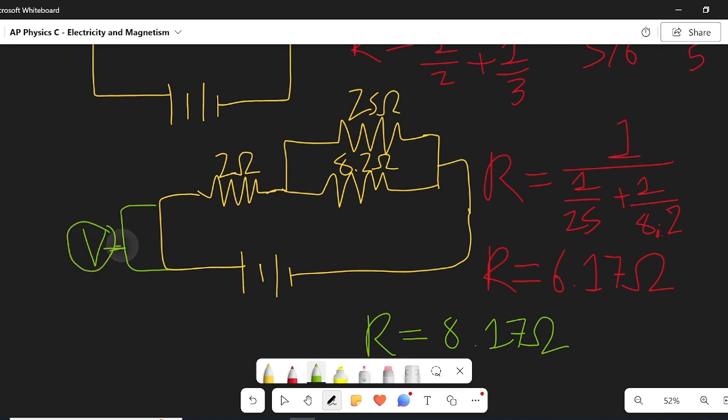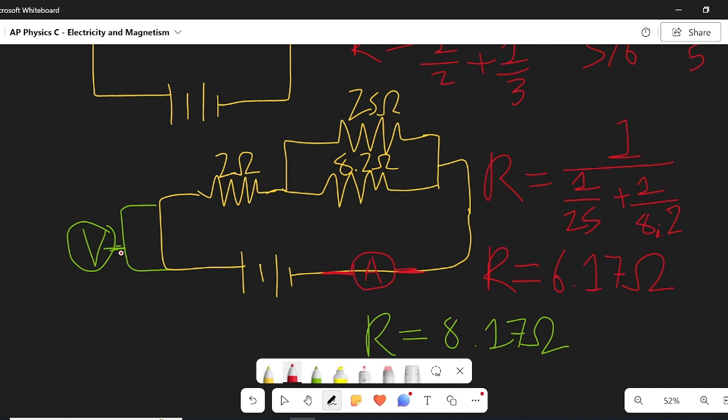So we'll stick a voltmeter into here, and then ammeters are always stuck in series. So an ammeter will be stuck like that, right? In order to measure voltage, a voltmeter like so will be attached in parallel across the resistor or some other circuit element whose voltage it is measuring.